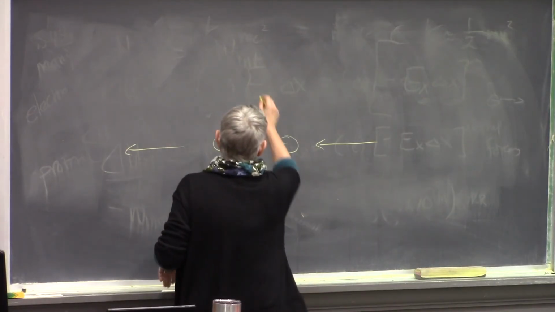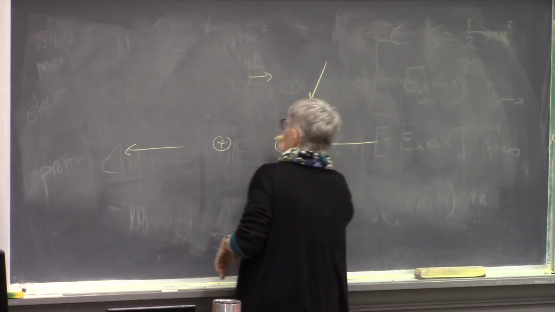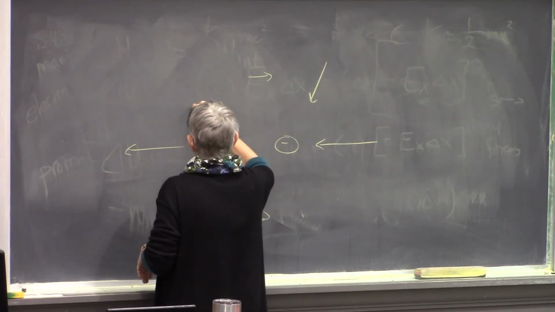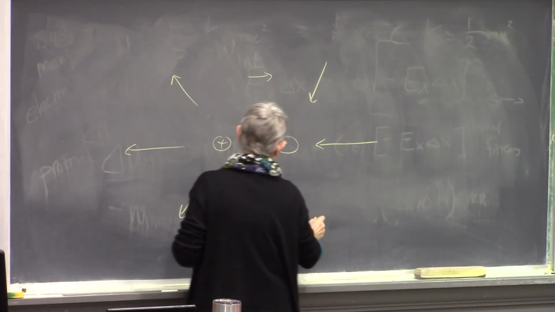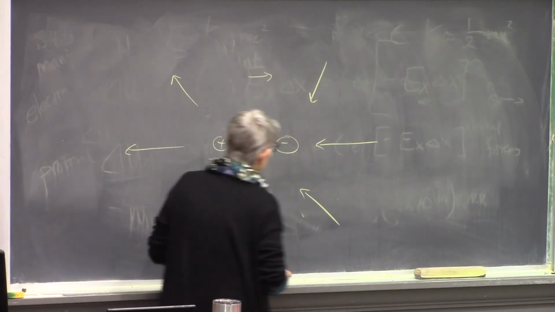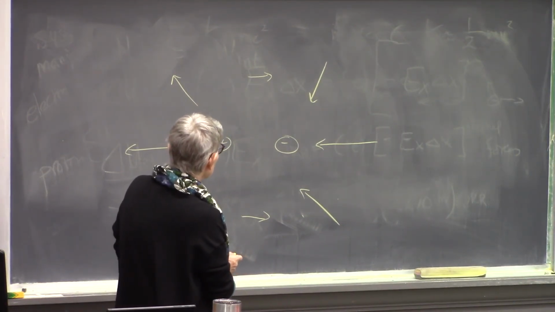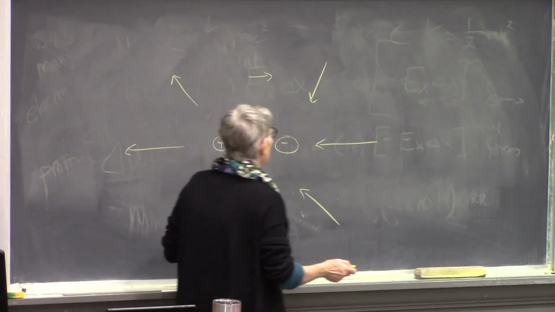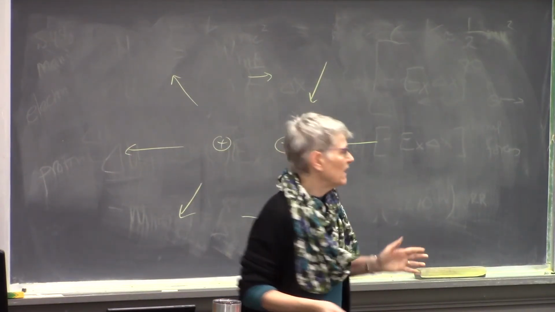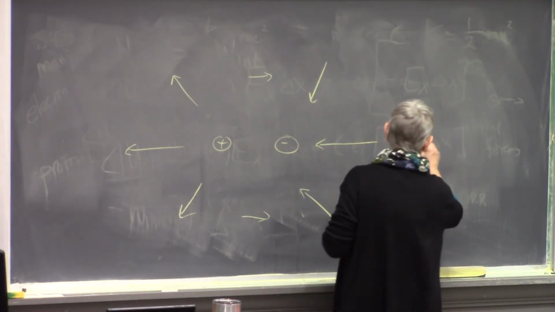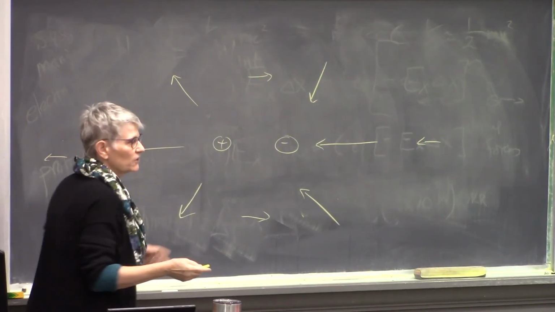But the electric field due to a dipole isn't uniform, and in fact it's not uniform in more than one way because it decreases with distance, right? So it's massively non-uniform.